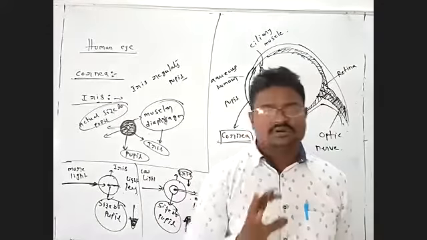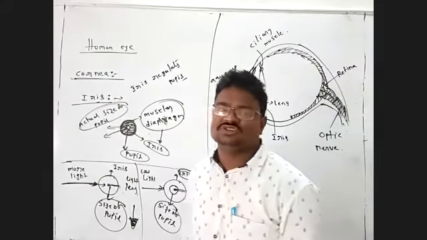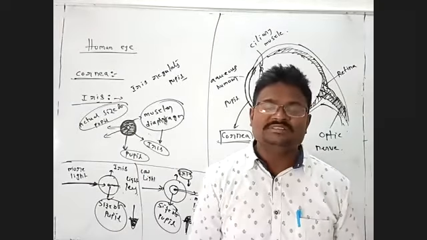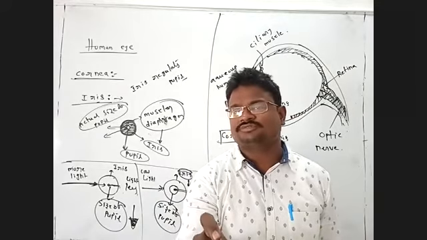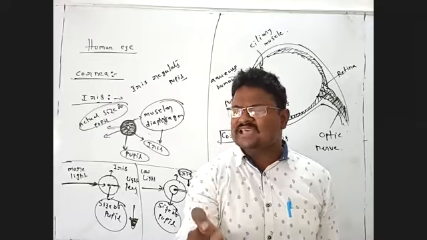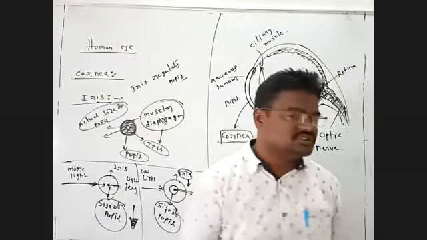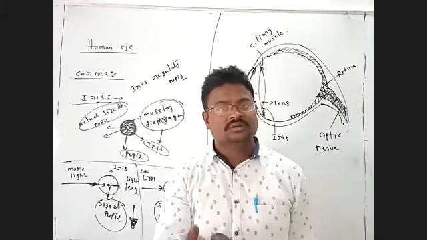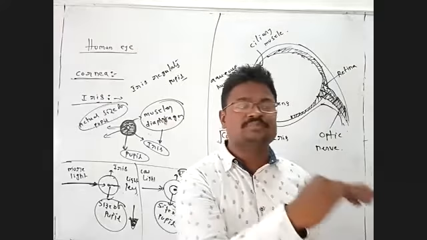You are not seeing any objects in the theater. Why? Inside, the light is turned off and less light falls on your eye. But after 2 or 3 minutes, you are seeing some objects in the theater.